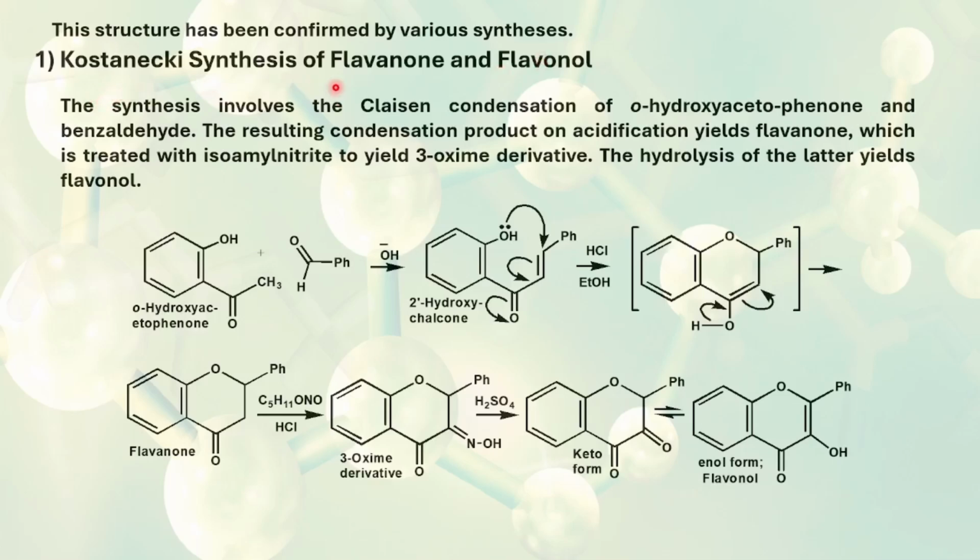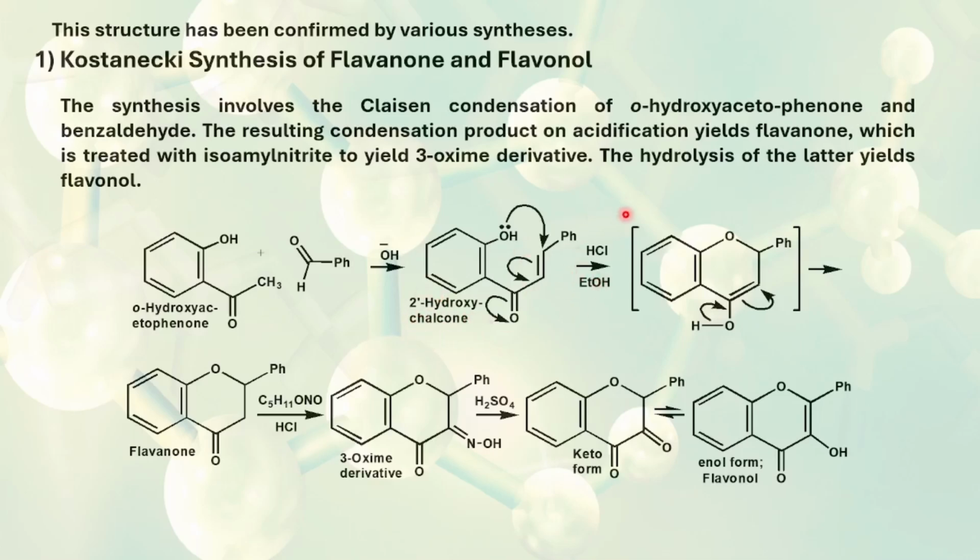Kostanecki synthesis of flavanone and flavonol. The synthesis involved the Claisen condensation of ortho-hydroxyacetophenone and benzaldehyde. As you can see, ortho-hydroxyacetophenone and benzaldehyde in the presence of a base, potassium hydroxide, develop a 2'-hydroxychalcone.